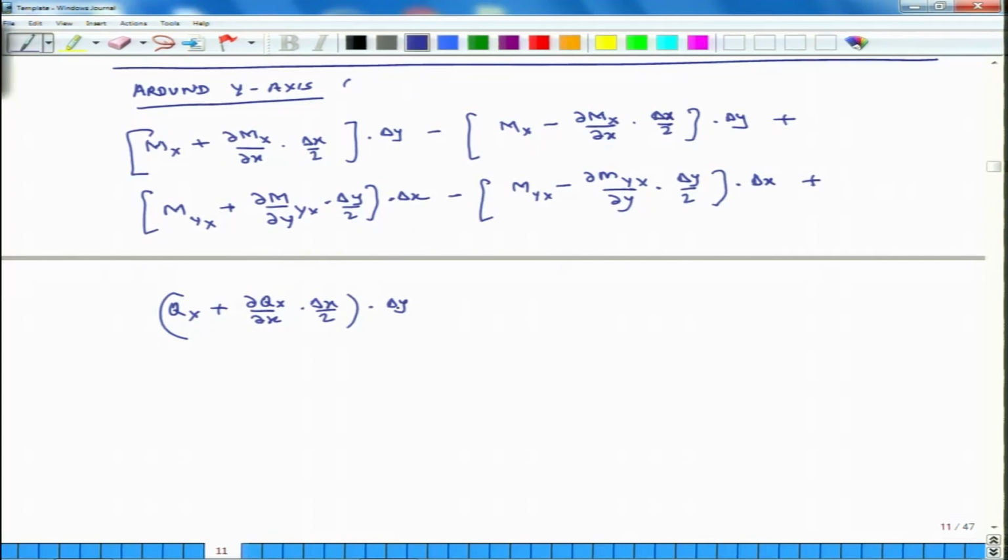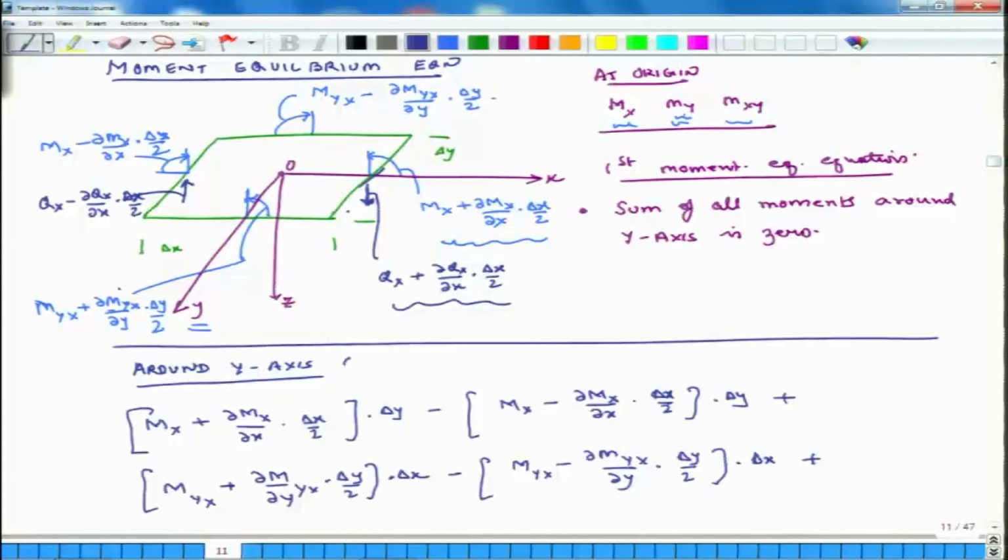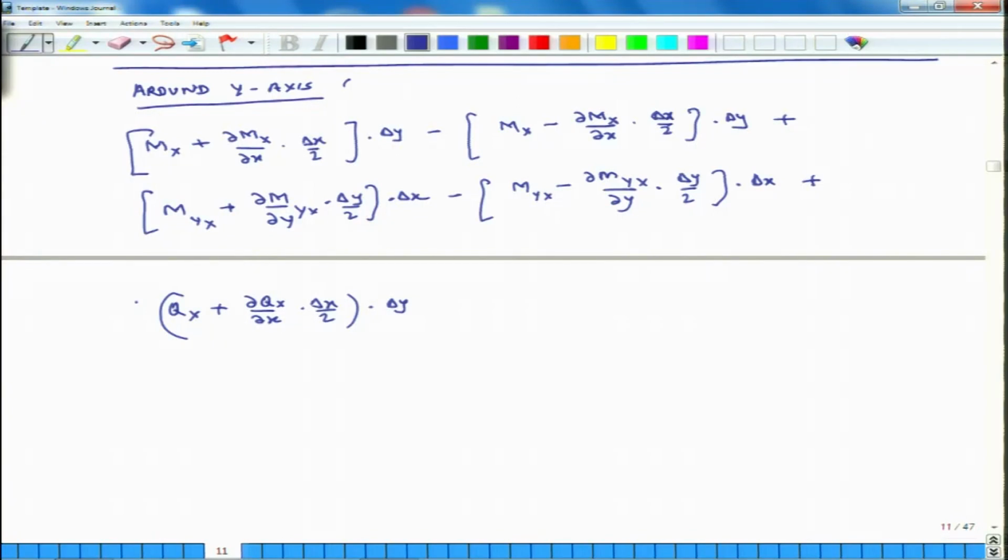This is just the force resultant; first I have to multiply it by delta y to create a force, and then I multiply it by delta x by 2. That is the moment created by the force resultant qx on the positive side of the plate, and similarly.